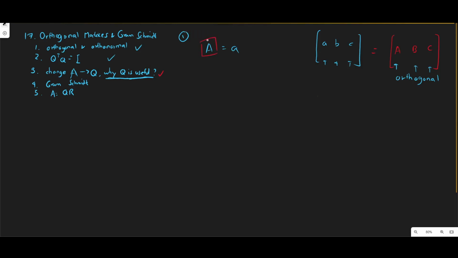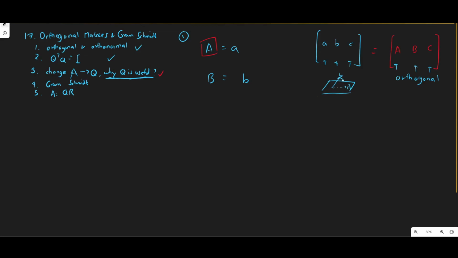Then to get the B, we need to subtract from our initial vector b. Remember, b is branching out somewhere, and this is our capital A already.